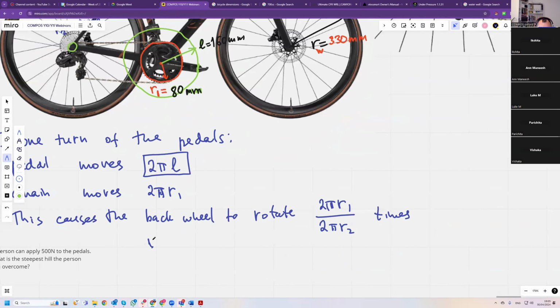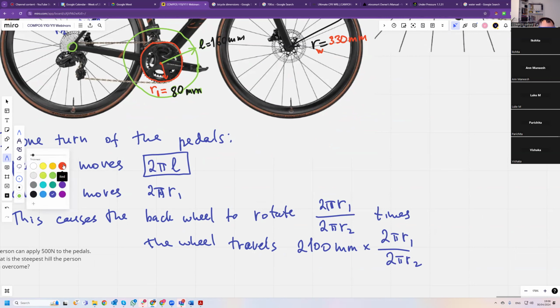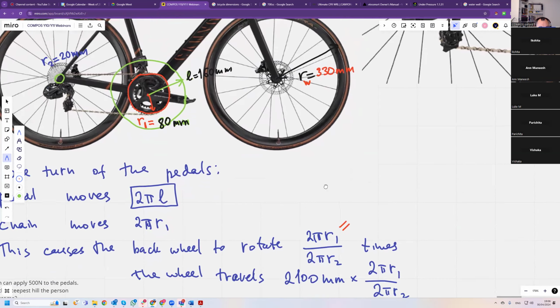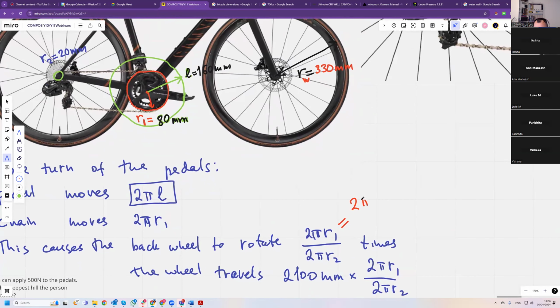So the wheel travels 2100 millimeters multiplied by the number of times, 2 pi R1 over 2 pi R2. Okay, let's calculate. R1 is 80 millimeters, and this is 20. So 2 pi multiplied by 80 over 2 pi multiplied by 20.